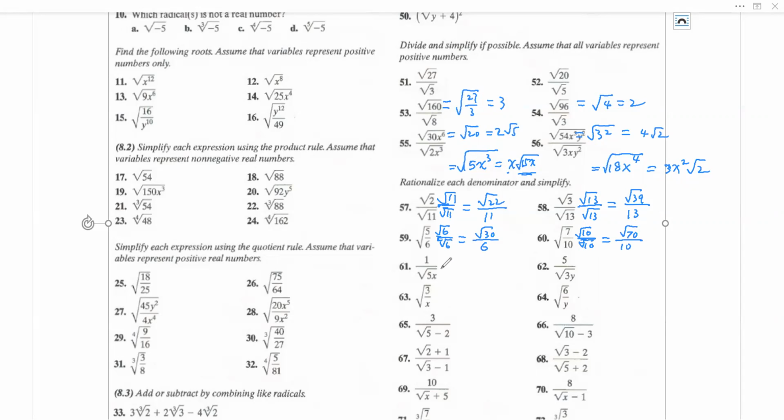Right? And multiply both top and bottom by square root 5x. So the denominator is 5x, and the top is square root 5x, right? And the same here, top and bottom times square root 30y, so your bottom is 3y, right?